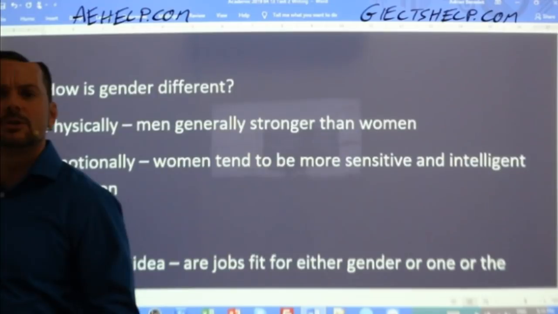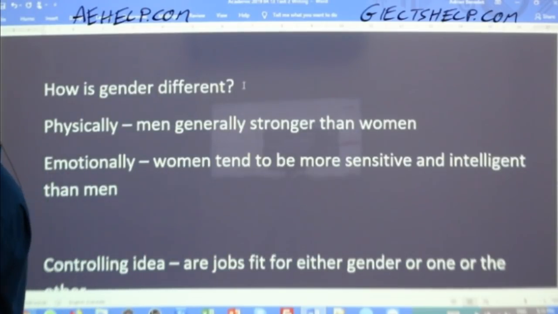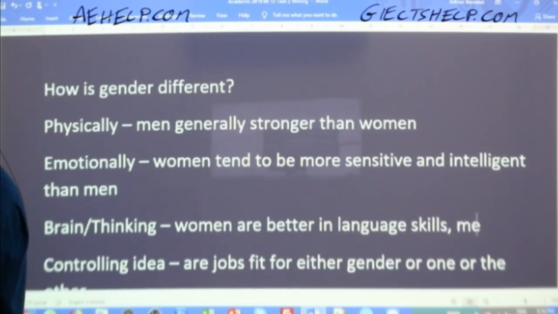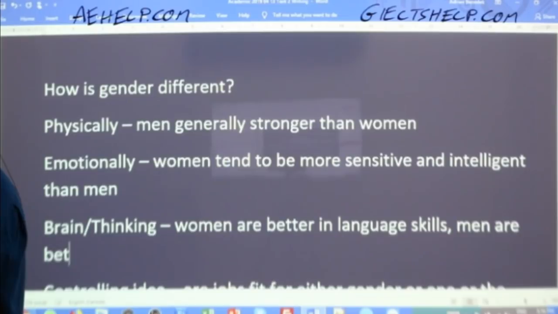Who said that? That was your Solemn. So it has been proven quite a bit that in the brain and in the thinking, women are better in language skills on average. Again, this is on average. Men are better in spatial skills.